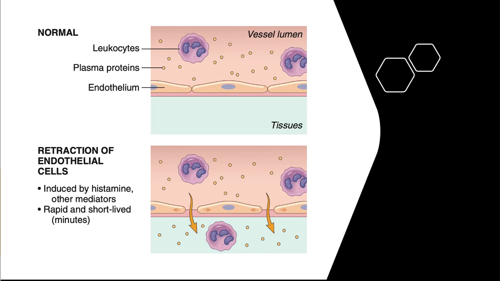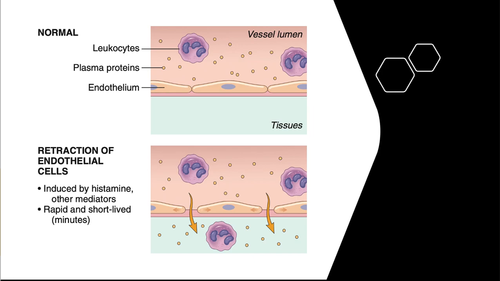Retraction of endothelial cells resulting in opening of interendothelial spaces is the most common mechanism of vascular leakage. It is elicited by histamine, bradykinin, leukotrienes, and other chemical mediators.